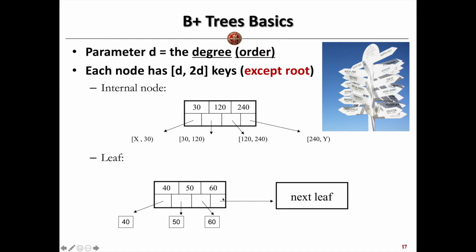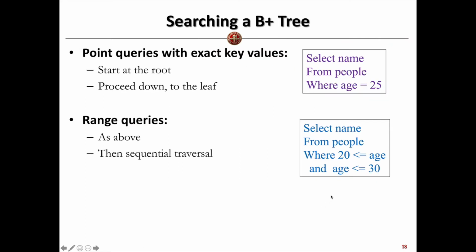In other words, if we find some tuples matching our condition, we can just go right to find more tuples whose value is larger than the current value. We do a sequential traversal until the age is greater than 30, and we return all the tuples we have reached in the traversal process.